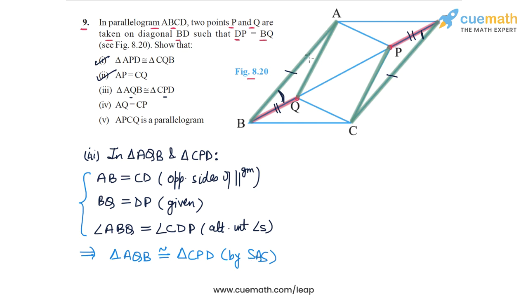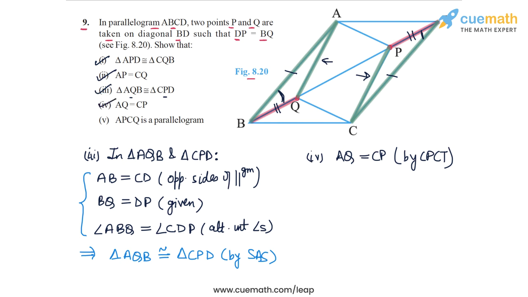This also means that the third side pair, which is AQ and CP, these are also equal. So this is what we had to prove in part 4. So AQ is equal to CP by corresponding parts of congruent triangles. So this proves part 3 and 4.